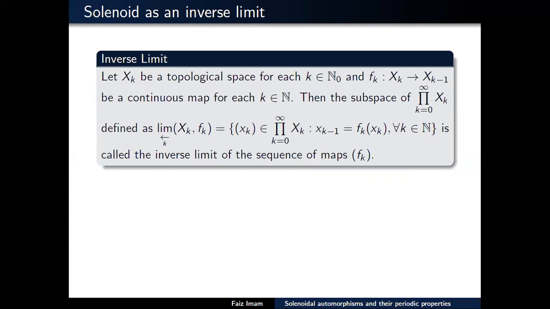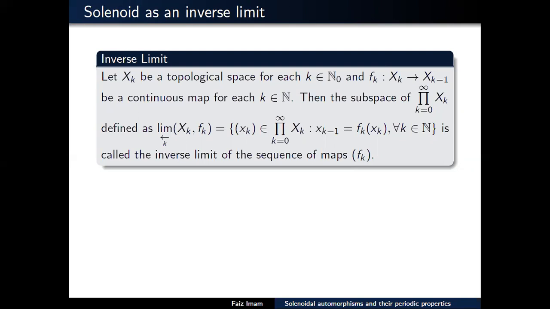Usually in a sequence the current term defines the next term. But when you have an inverse limit, it goes in the opposite way: xk minus 1 is defined by fk of xk. So it runs in the opposite direction. This collection is called the inverse limit of the sequence of maps fk.